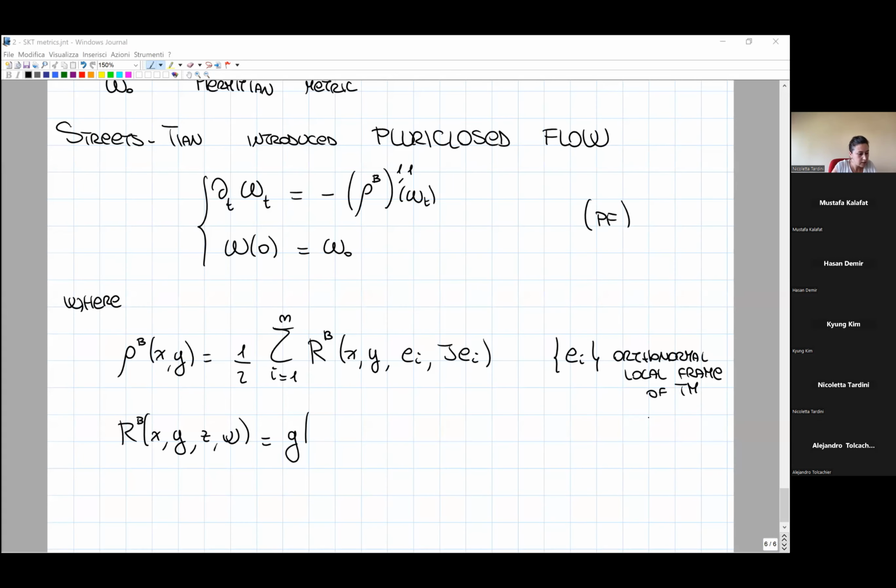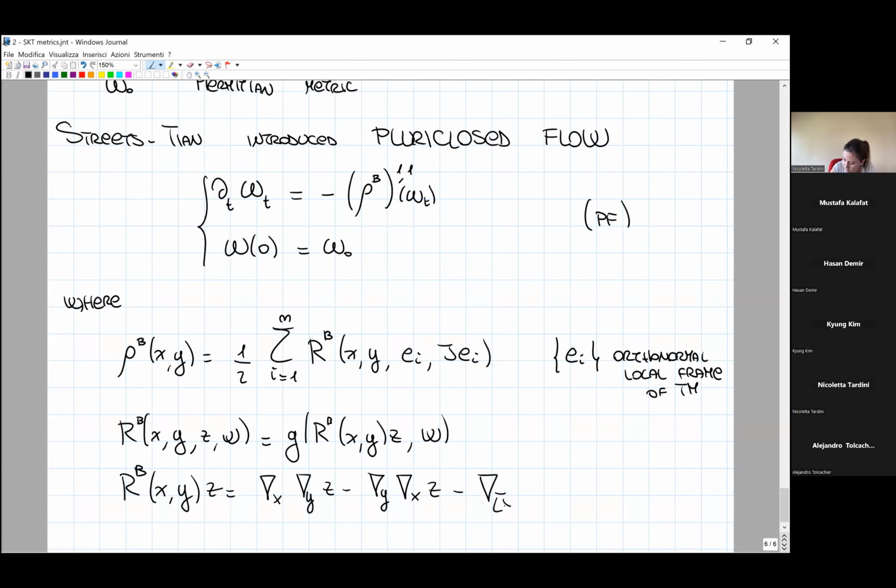Okay, so G of R, B of X, Y, Z, W, and this RB is exactly what you expect. RB of X, Y, Z is nabla X, nabla Y, Z minus nabla Y, nabla X, Z minus nabla of X, Y, Z. Where this nabla is the Bismut connection that we saw yesterday.